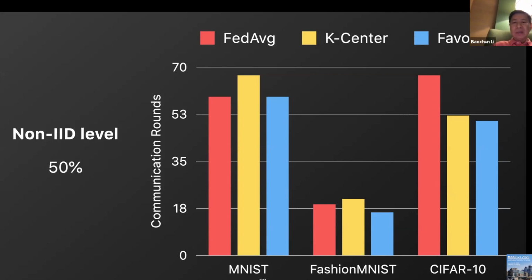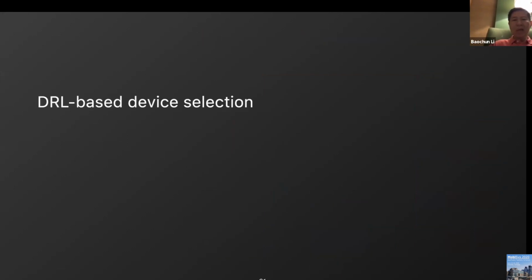These results are generated from our own experimental testbed that we have written from scratch to evaluate the idea of using DRL to select the devices. So just to summarize what we have talked about, we have proposed a DRL-based device selection process.